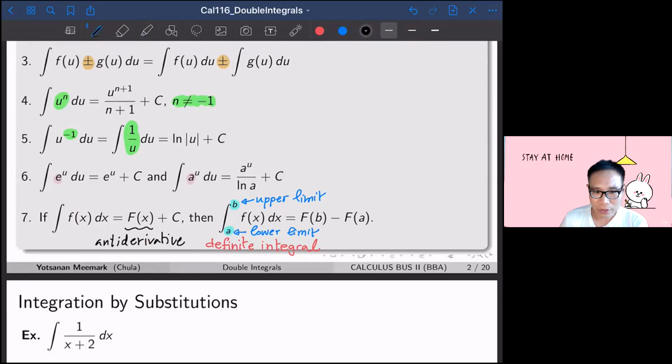So you're going to have that capital F function and you plug in the upper limit, subtract the capital F with the lower limit plugged in, okay, and this is called the definite integral.